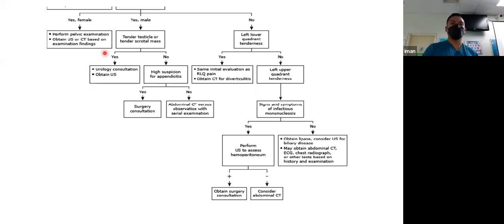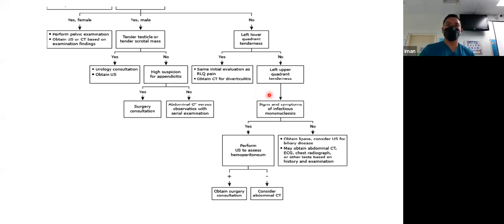And also for male, don't miss the tender testicle or tender scrotal mass for torsion, testicle torsion ke. Okay. If yes, then we go to urology consultation. If no, since it's right lower quadrant, so we're thinking of appendicitis. So appendicitis, we refer to surgical also.